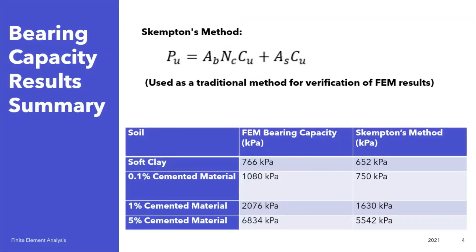The bearing capacities for each percentage of cement were calculated and are shown in the table below. To verify these results, Skempton's method was used as a traditional method for verification. The formula above describes how we calculated those bearing capacities.